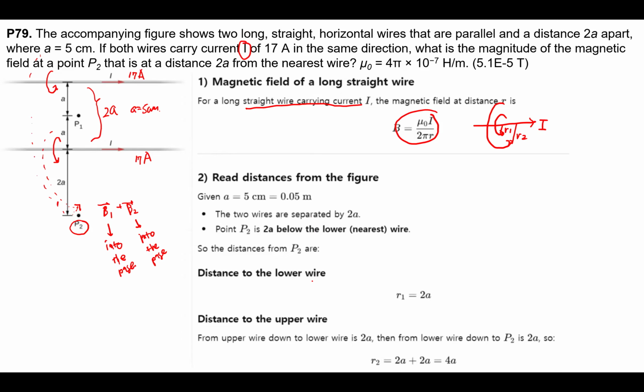We need to find out the distance, so that is R. In the case of the distance to the lower wire, from here to here, it is given as 2a. And then the upper wire is 2a and 2a, so that it is 4a.